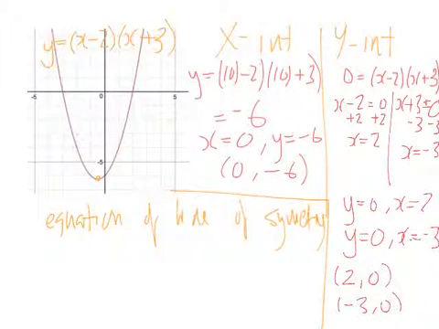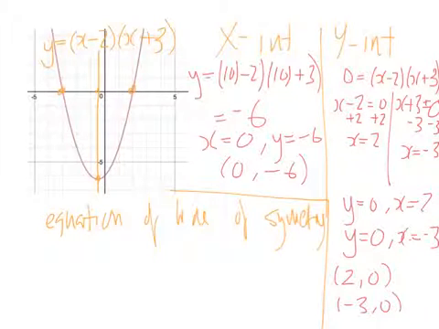The problem is over here, the vertex isn't clear. Is it negative 0.5, maybe negative 0.6, maybe negative 0.4? We don't really know. What we do know is that it's halfway between the x-intercepts. Some people can do that in their head.